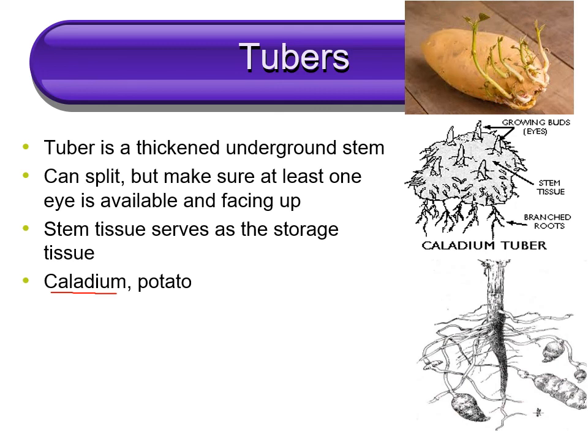Typically, you want to include at least one upright eye in your piece of potato. So if you're cutting this up, you want to propagate it by slicing the tuber up. That's fine. You can do that. Again, be mindful that where there's wounds, bacteria and fungus can get in and rot. But there has to be at least one eye, this is an eye, facing upright for it to work.